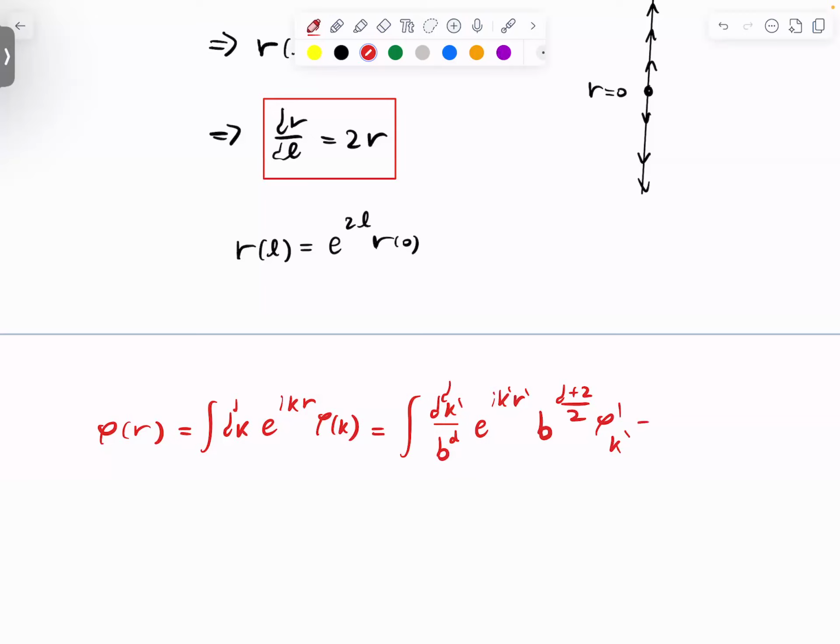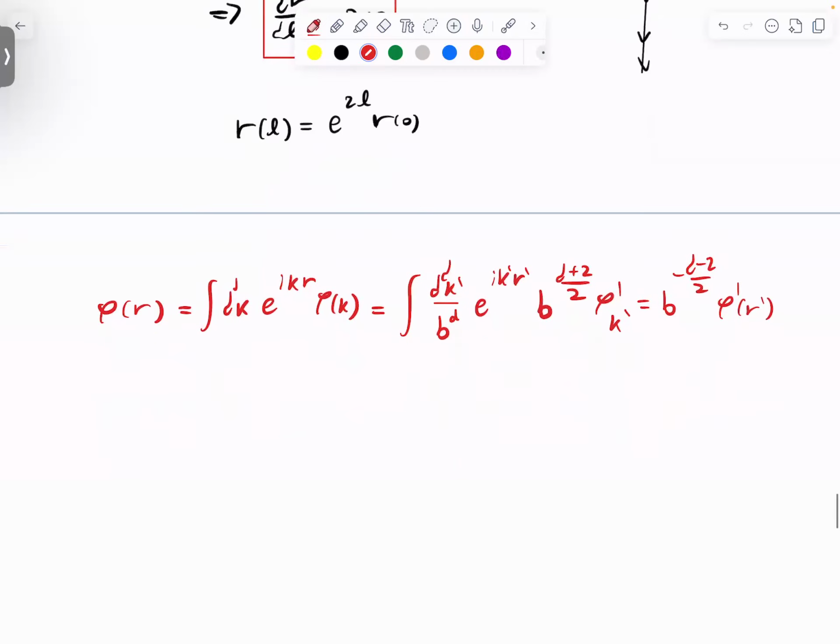So what we find overall is that phi of x is b to the minus (d minus 2) over 2 phi prime of x prime.